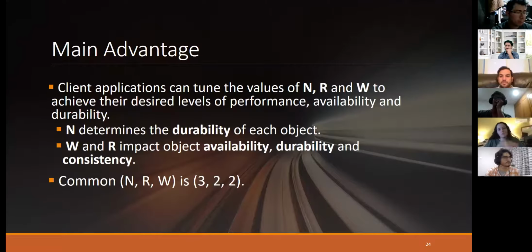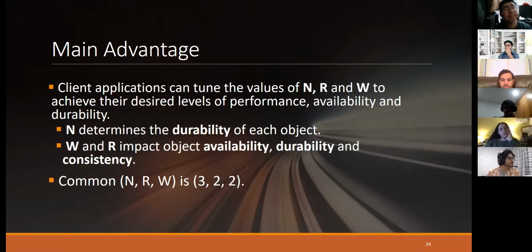So the main advantage of Dynamo is that we can configure the main settings, which are N, R, and W. In this case, the value of N is used for the durability of each object, and the values of W and R impact other characteristics like availability, durability, and consistency.